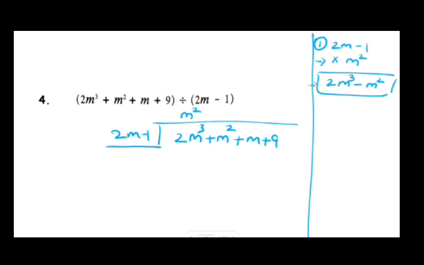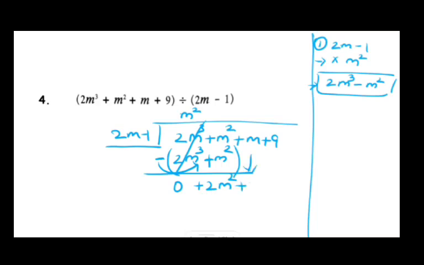This goes as a part of my working, which is 2m cube minus m square. See the trick, children. Minus sign applied to the whole thing. 2m cube and minus 2m cube eliminated. This applies over here. This becomes a plus sign and it becomes plus 2m square.